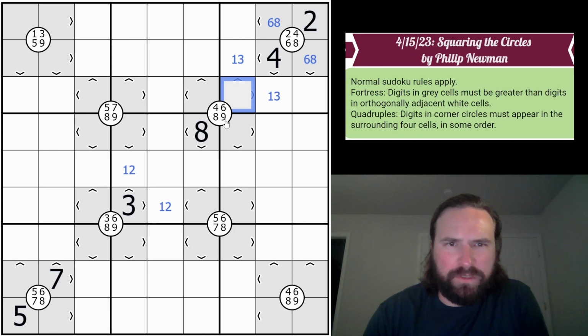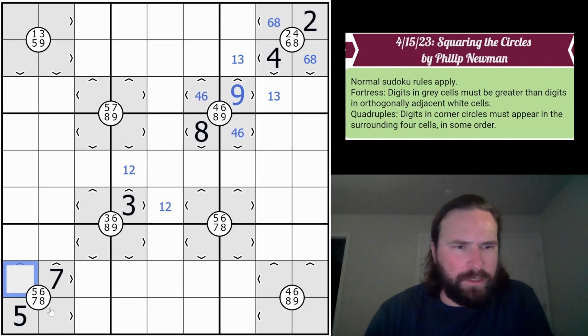This might be forced. Yeah, it's not going to be 8 because we have an 8 here. It's not going to be 4 because we have a 4 here, and there's going to be a 6 in one of these squares. So this is a 9, which is very helpful. So these two are going to be 4 and 6. So these two are going to be 6 and 8.